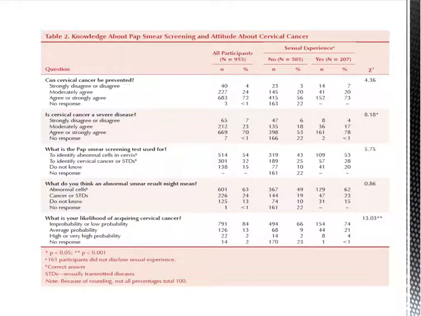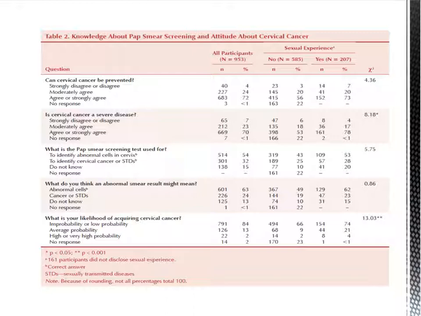Now, look at the table and you will see that in only 2 questions were the answers found to be significantly different. These differences concern the questions: is cervical cancer a severe disease? And what is your likelihood of acquiring cervical cancer?